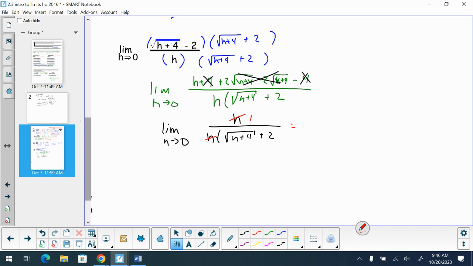Now if I put 0 in for h, we're left with 1 over square root of 4 plus 2, because 0 plus 4 is 4. So we have 1 over 2 plus 2. So we get 1/4.